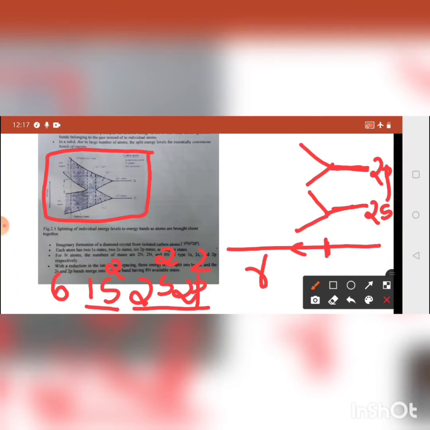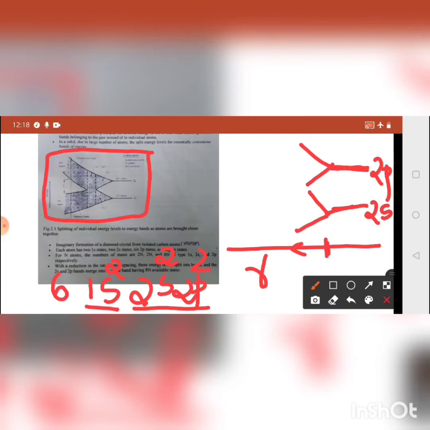So in the 2s level, how many electrons are there? In the 2s level, 2 electrons. And in the p level normally 6 electrons can be there, but in the case of carbon we have only 2 electrons. This is the case of a single atom.